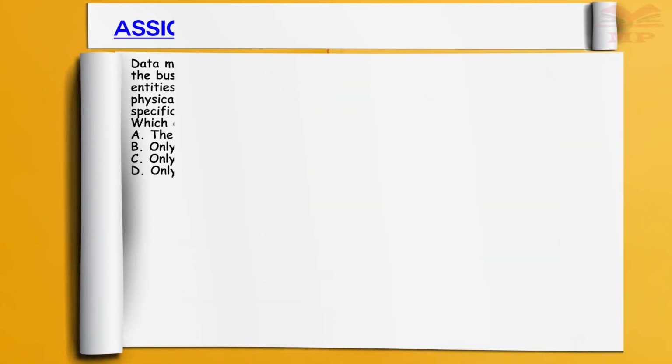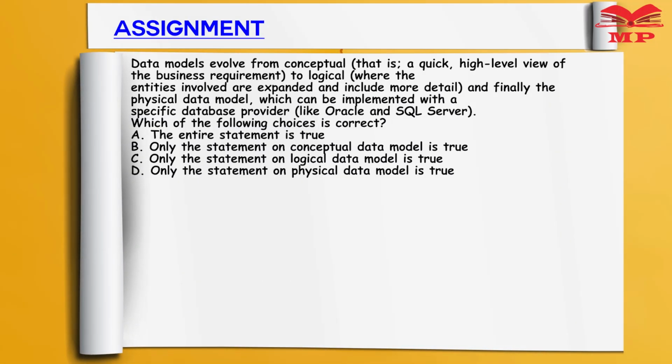It says, data models evolve from conceptual, that is, a quick high-level view of the business requirement, to logical, where the entities involved are expanded and include more detail, and finally, the physical data model, which can be implemented with a specific database provider like Oracle, like SQL Server.